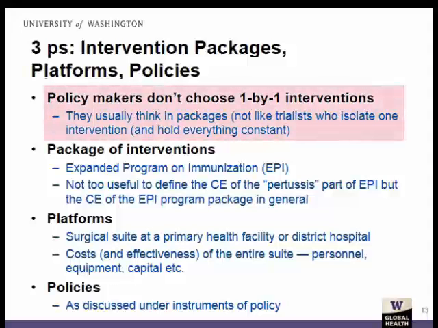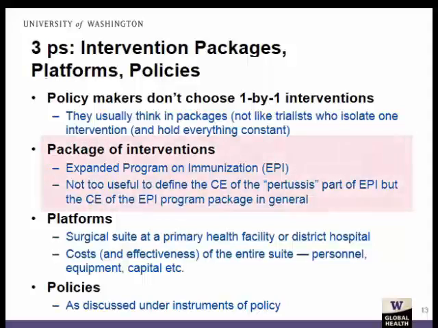A good example is the expanded program on immunization. So you don't just target one disease. You target measles, you target diphtheria and pertussis. So you have multiple antigens targeting multiple diseases, but they are packaged in essentially a package of interventions. So the EPI, the expanded program on immunization, is a package.